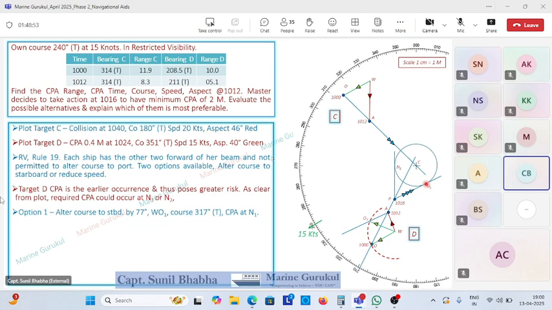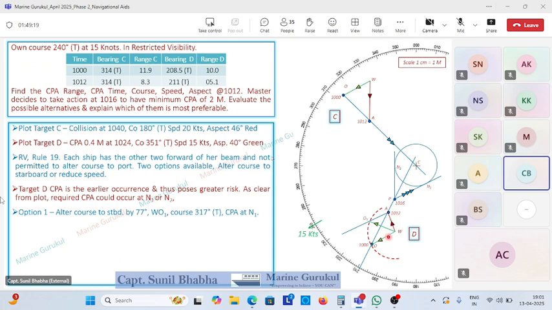Now we align our parallel ruler or set square or sliding roller to W Oscar 1 and measure this course using the plotting sheet as a compass rose. We measure the course and this comes to a course of 317 degrees true.